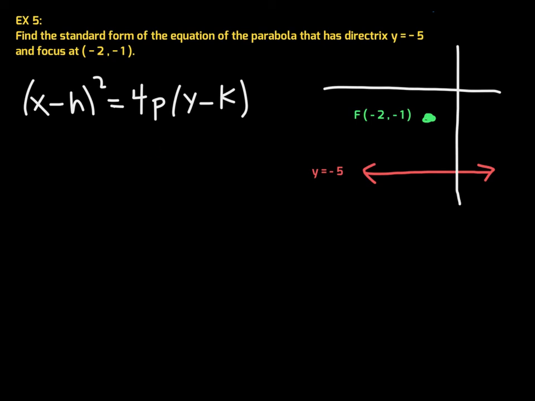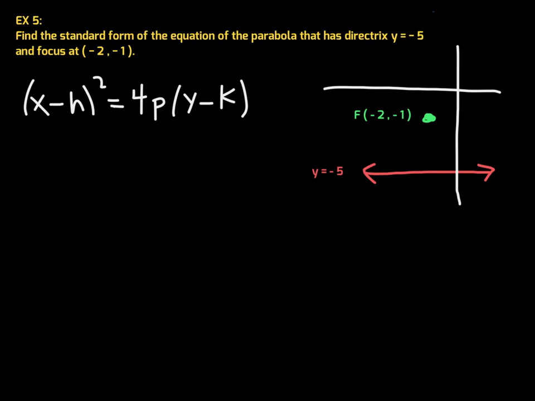Now, let's talk about this vertex. Where is the vertex going to be located? The vertex will be located right in between the focus and the directrix. Now, if you recall at the very beginning of this section, we said that a parabola is defined to be a set of all points that are equidistant, that means the same distance, from a fixed point called a focus and a fixed line called a directrix.